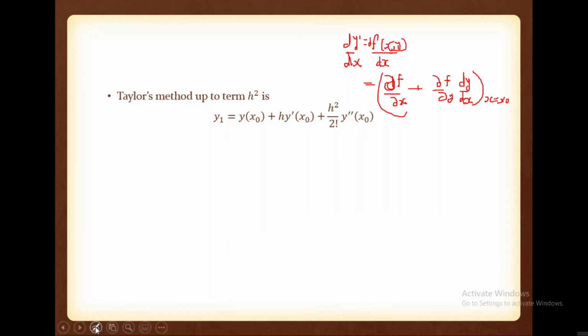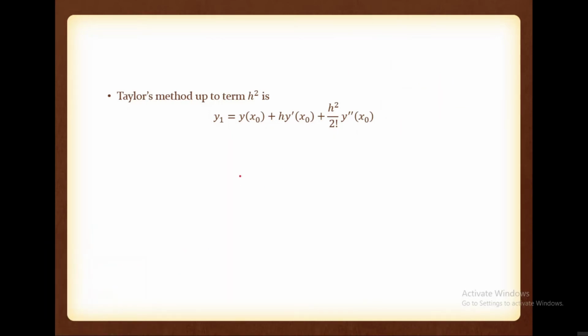Is it okay? So we can write y1 is equal to y0 plus h into, I told you y dash of x0 is nothing but f of x0 comma y0, plus h square by 2 factorial into dou f by dou x plus dou f by dou y into dy by dx at x equal to x0, y equal to y0.